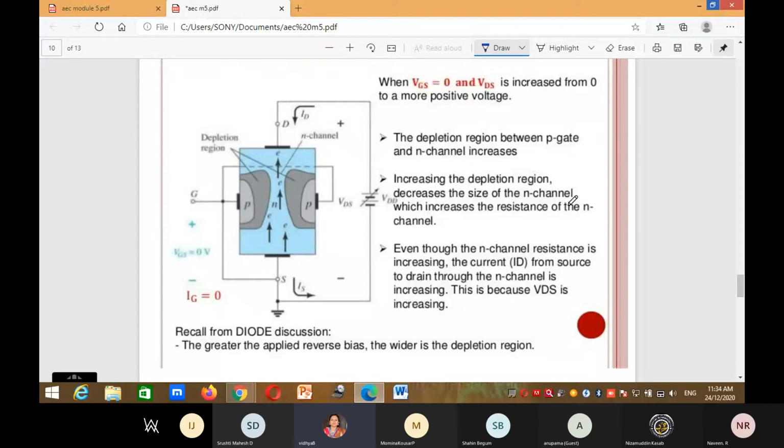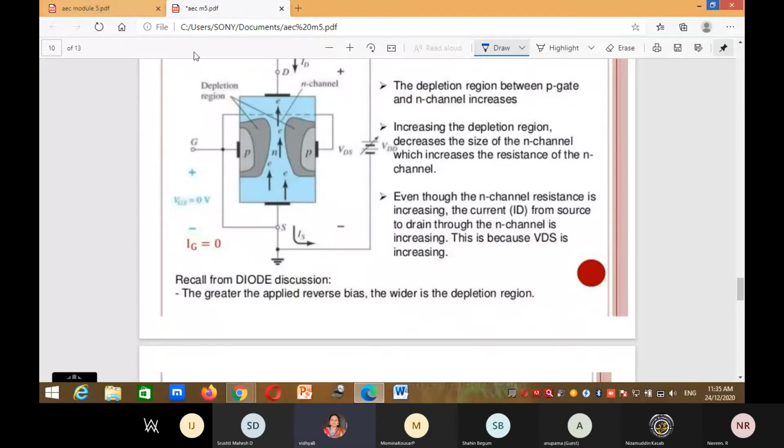Even though the N channel resistance is increasing, the current ID from source to drain through the N channel is increasing. This is because VDS is increasing.